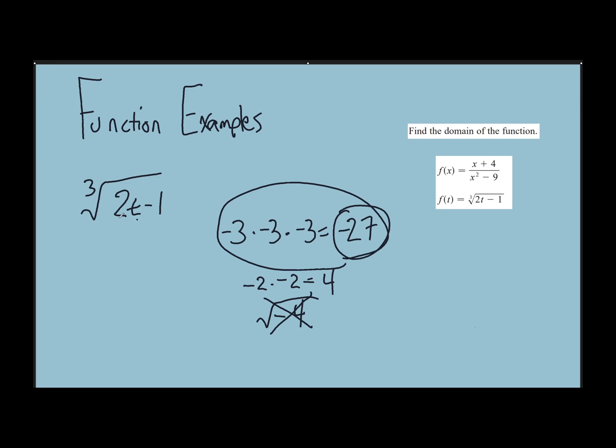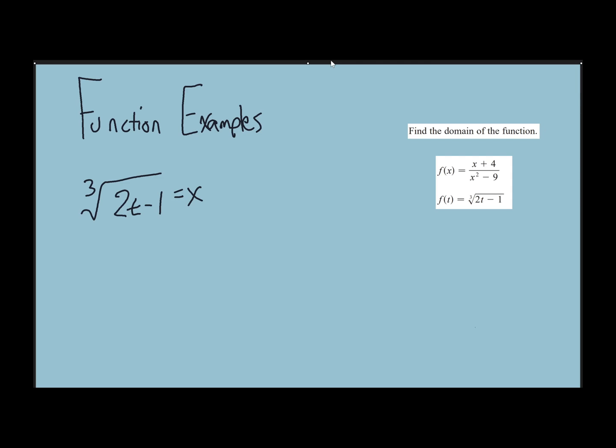And in fact, you could even solve this if you wanted to. You could say like, let's say this equals x, and we want to make it into something that we can't allow. Like we can manipulate this around a little bit just to convince ourselves. My computer's being slow. So we cube each side to get rid of the cube root. We'll make it x cubed. And we'll add 1 over.